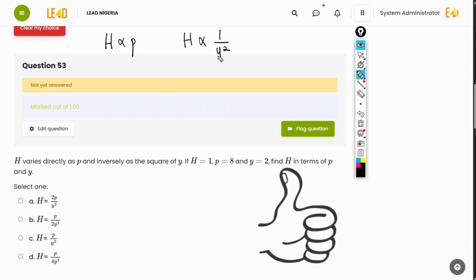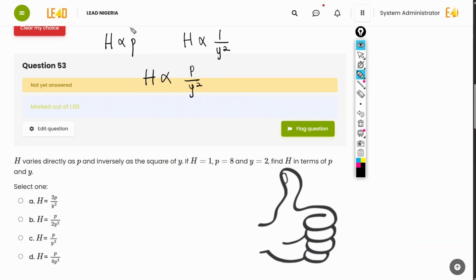The first thing is, this is a joint variation, right? So I can join them up. H varies as P over Y squared. So the direct one is now on top and the inverse one is now the denominator, right?